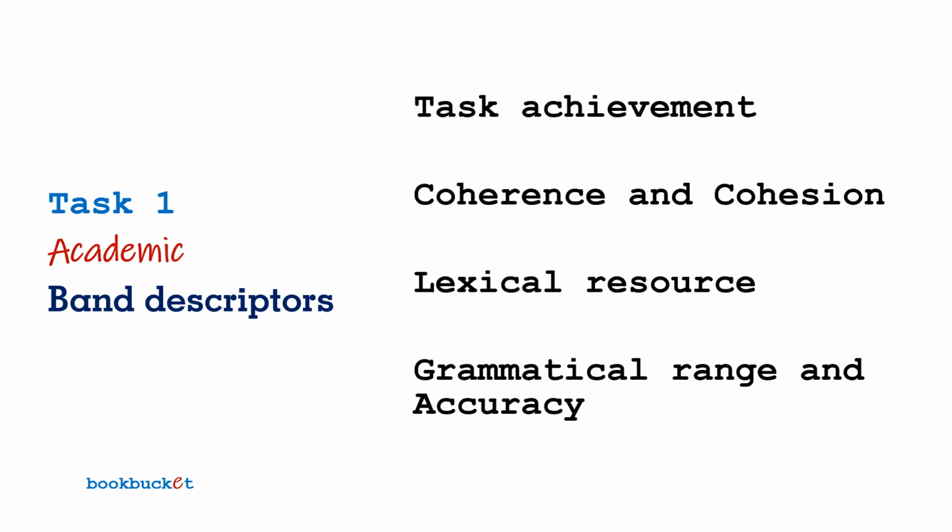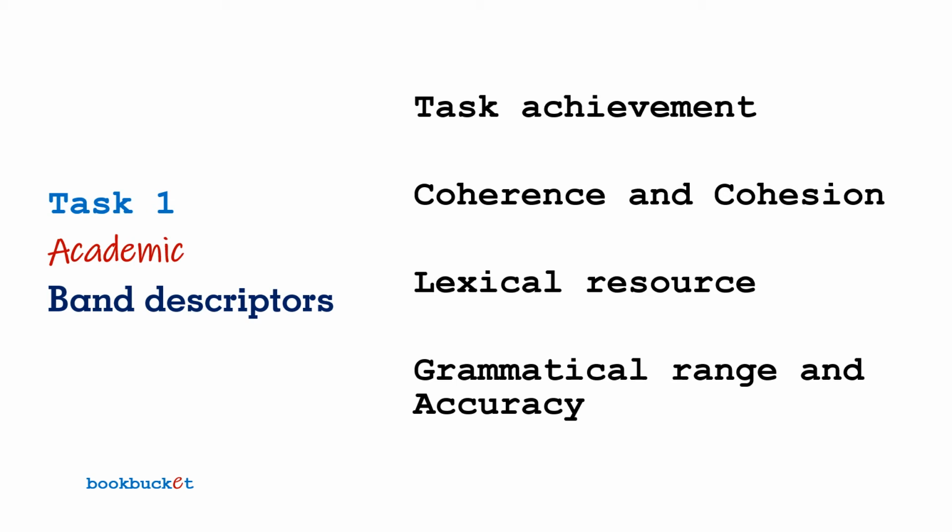The last section is grammatical range and accuracy. The grammar is focused on throughout the essay. To be specific, have varied sentence structures been used? For example, have we applied simple, compound or complex structures?